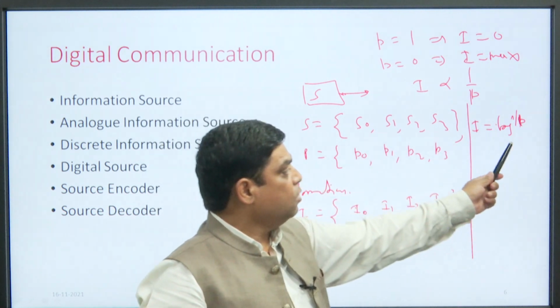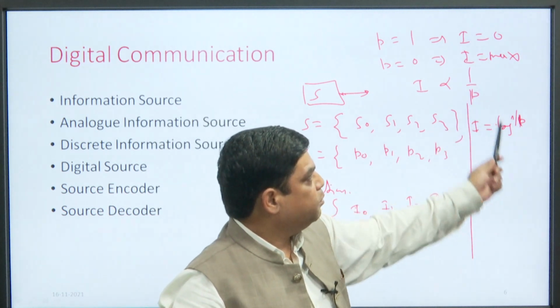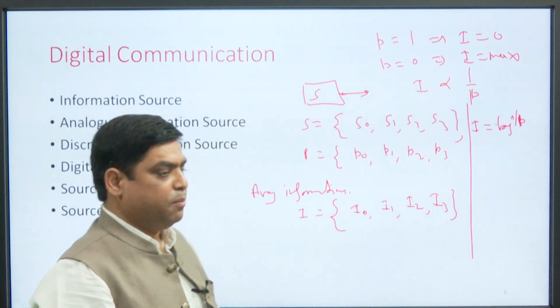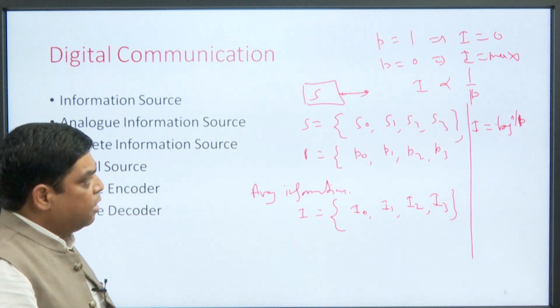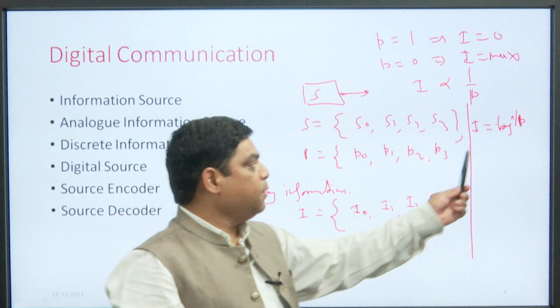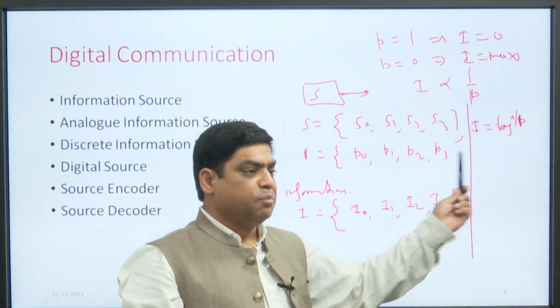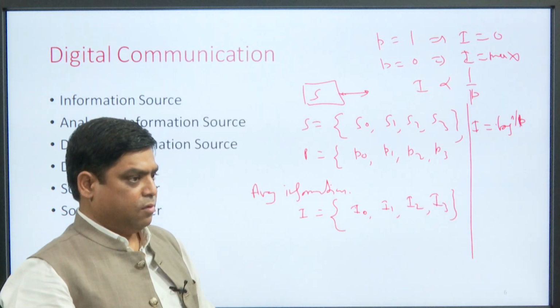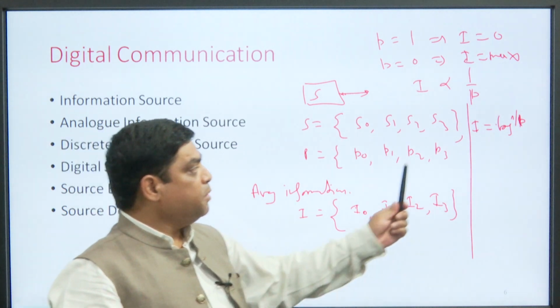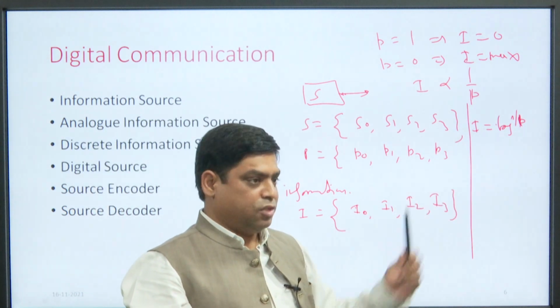When P is 0, I may be infinite, maximum. This is the way we can correlate probability with information, or surprise.